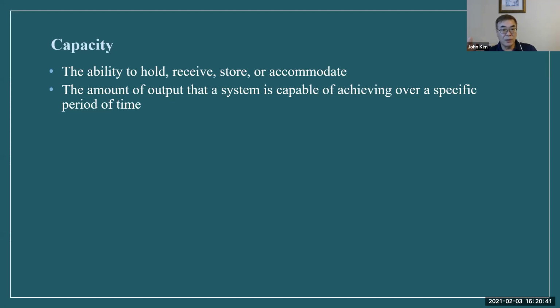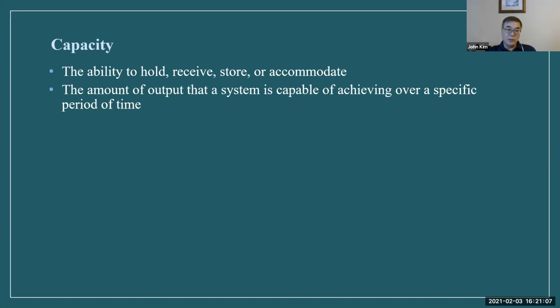So how many can a pharmacy or hospital receive? That is also capacity. And then store, how many? Like a store area, inventory area, how many can it store? And then accommodate like that. So that is capacity, and also amount, how many.